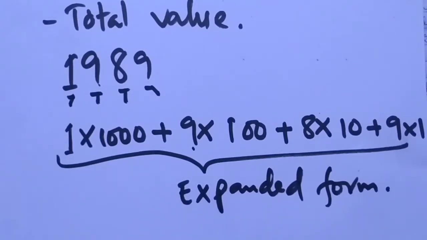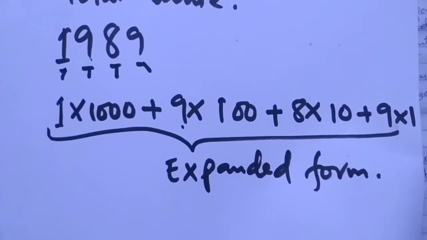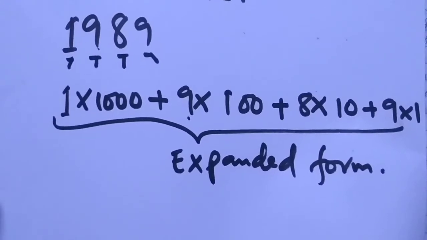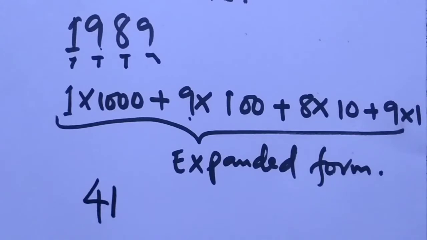Kwa hiyo tunavyokuwa tuna namba yoyote, for any number which you know in the world, hiyo namba inakuwa zile tarakimu zina place values. Kwa mfano tukiweka 41, tukianzia kulia, from right, tunakuwa tuna mamoja.